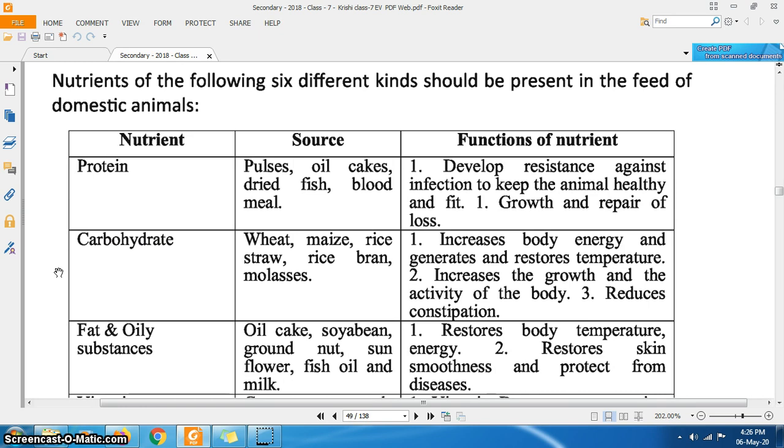Carbohydrate. Sources of carbohydrate are wheat, maize, rice, straw, rice bran, molasses. Carbohydrate increases body energy, generates and restores temperature, increases the growth and the activity of body, reduces constipation.